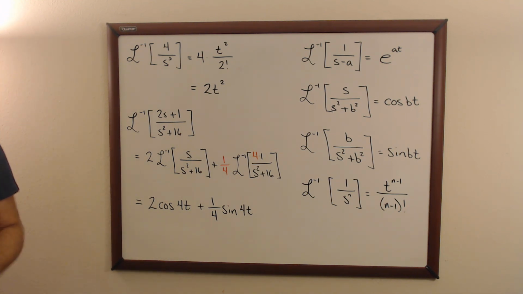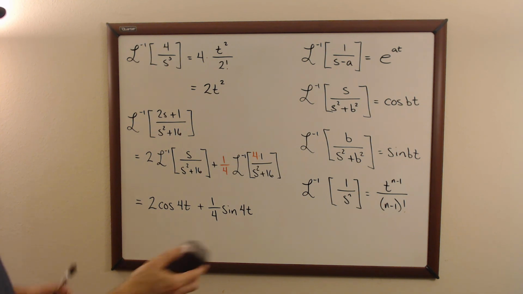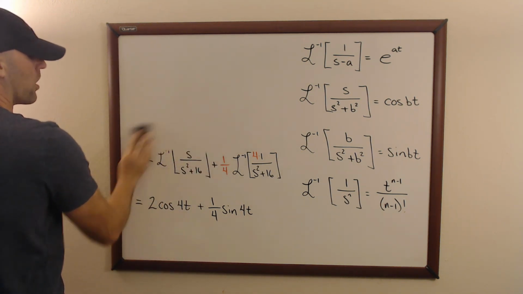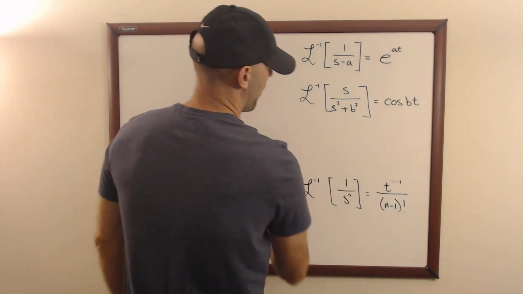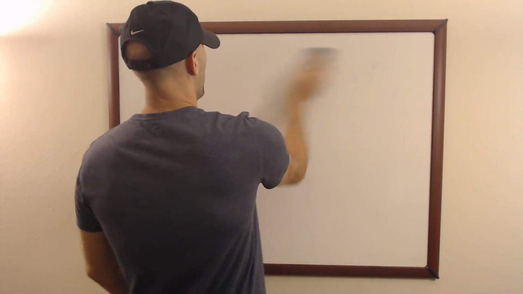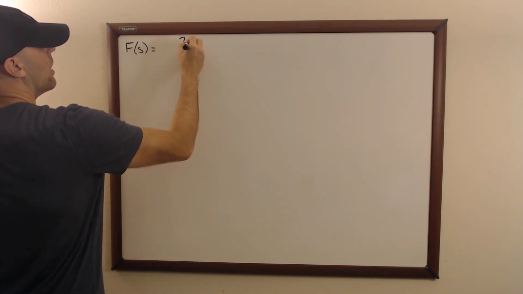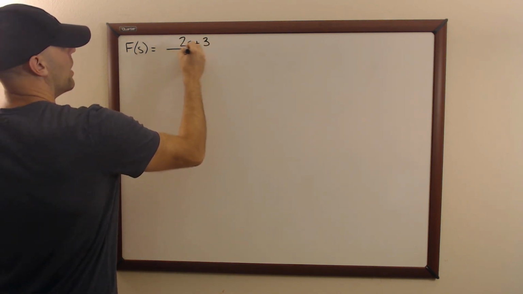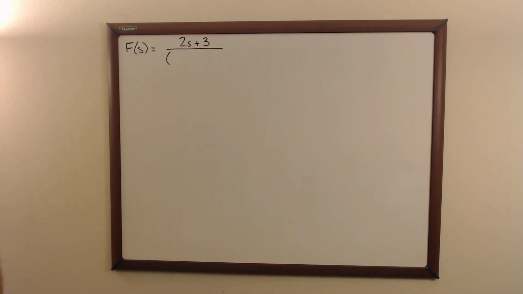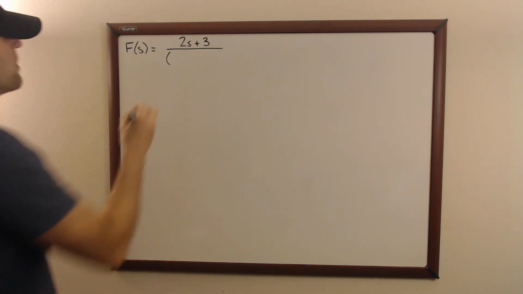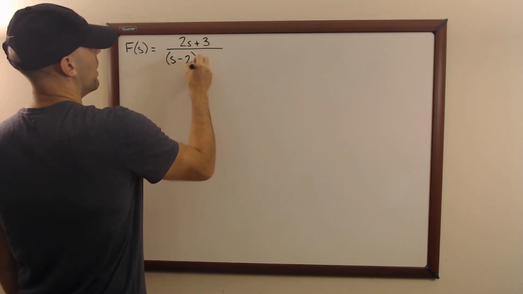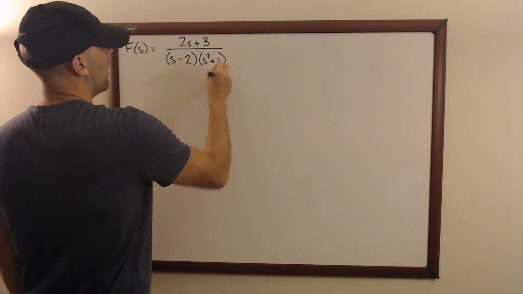Okay, so let's do one that requires some partial fraction decomposition. In the problems we work that have Laplace transforms, the following might come up. So you might have to untranslate something that looks like the following, with s minus 2 in the denominator.